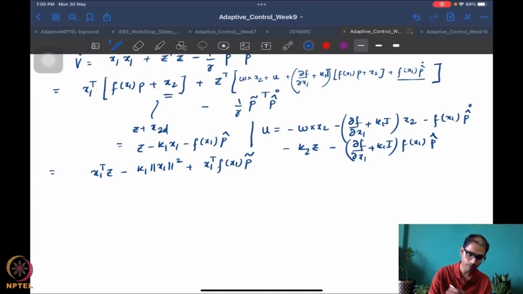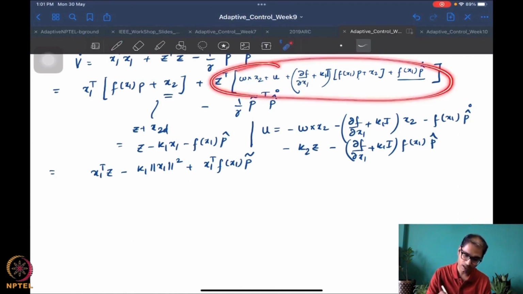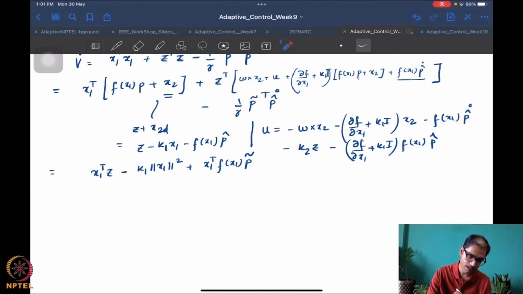So what do I get from the second term after substituting this? A lot of cancellation. This goes away, this goes away, this goes away, and I'm left with a lot of nice terms. I'll end up with minus k2 norm z squared, coming from this multiplying this.